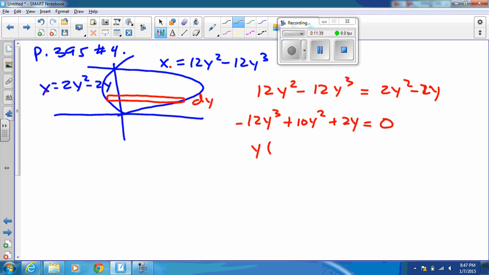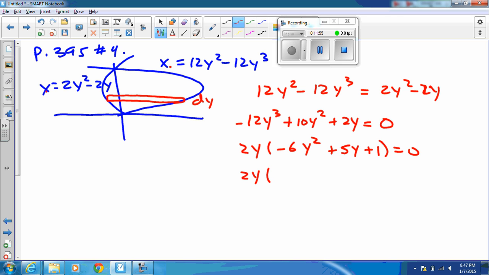And if we now factor out a factor of y and a factor of 2, then we get this fellow right here.